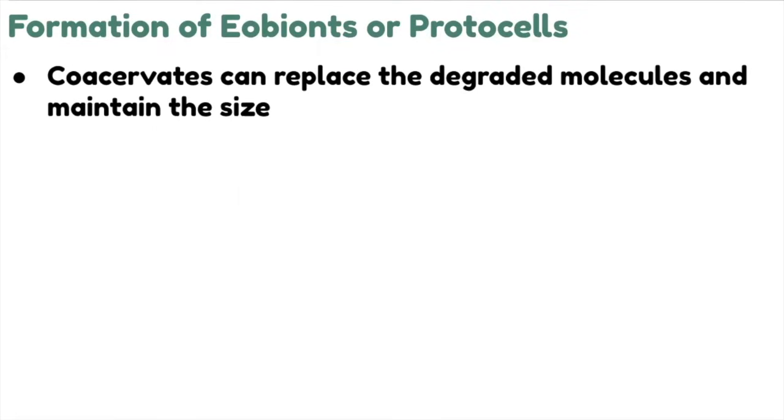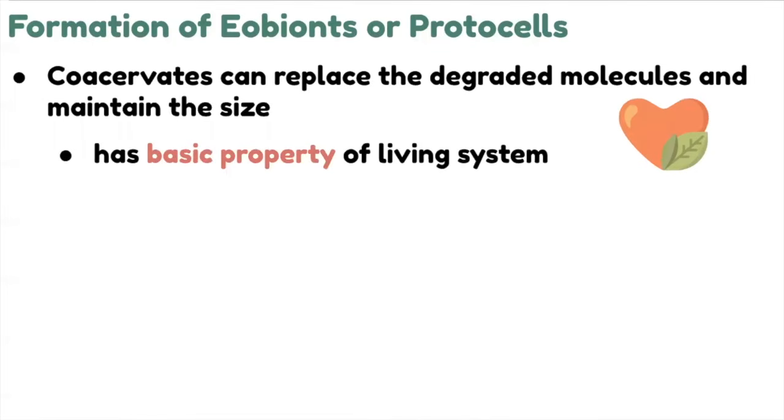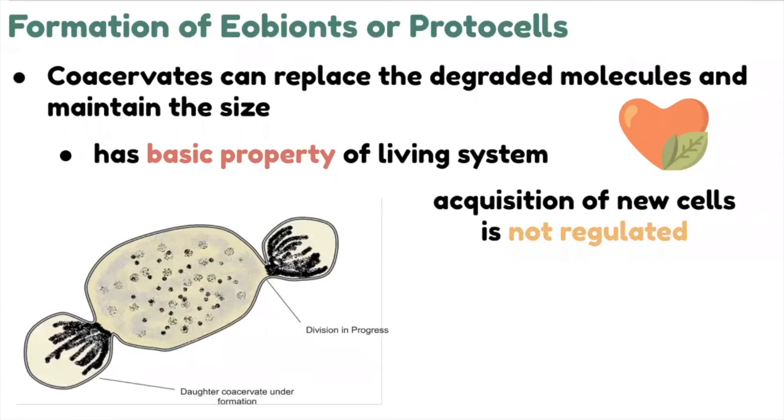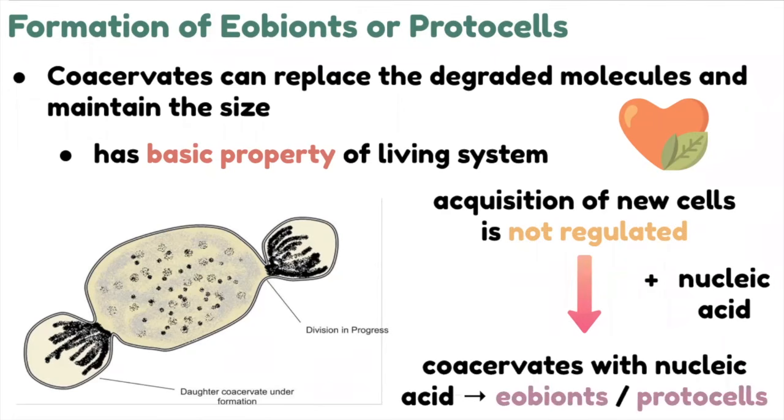Thus, coacervates have the basic property of a living system, but they don't have complex molecules such as enzymes, right? Therefore, the process of acquiring new molecules was not regulated. Later, nucleic acid is entrapped within the coacervates and the process of division became precise and controlled. This form of coacervates with nucleic acid is known as eubionts or protocells.